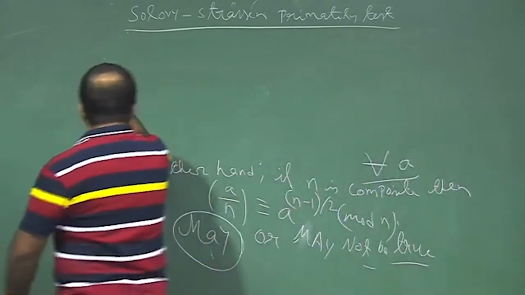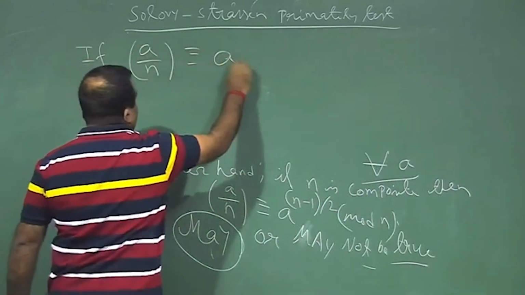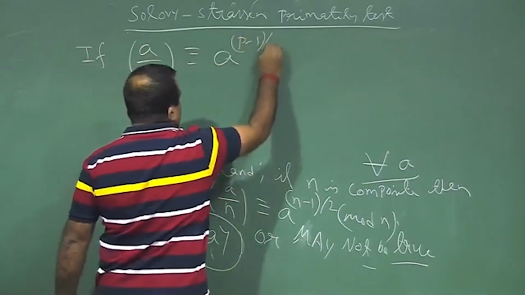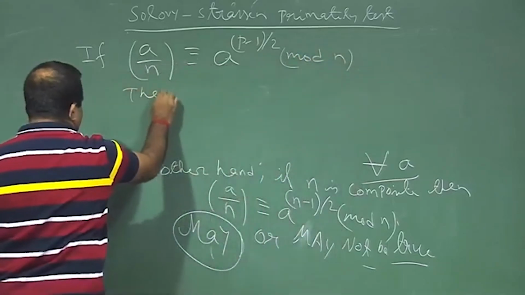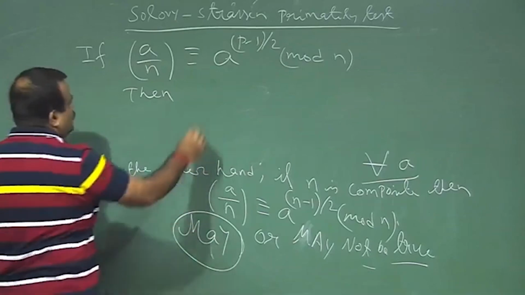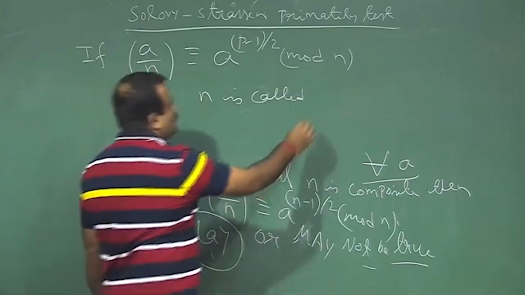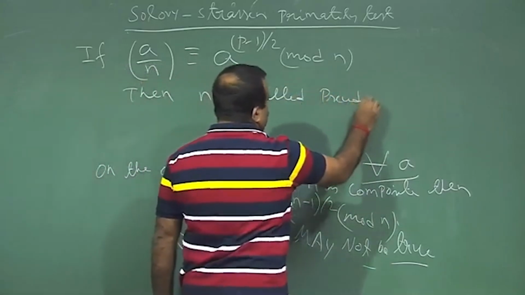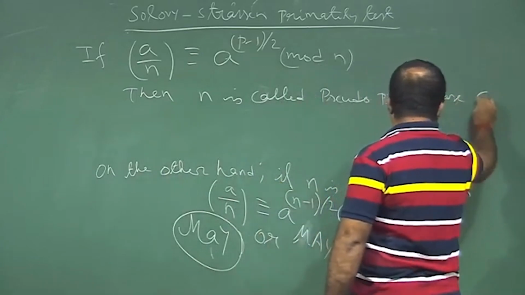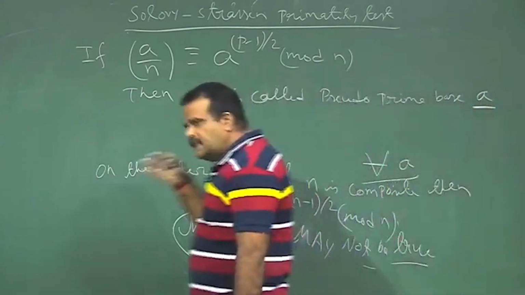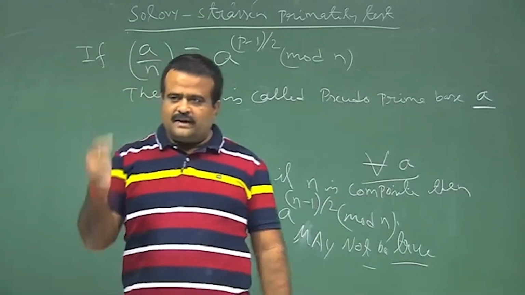So, if a by n is congruent to a to the power (n minus 1) by 2 mod n, if such an a exists, then n is called a pseudo prime or Euler's pseudo prime base a. And if n is a pseudo prime base all integers a, then it is a real prime.